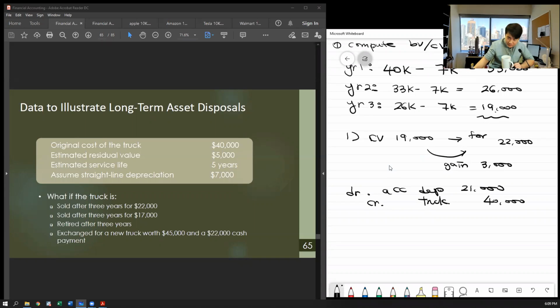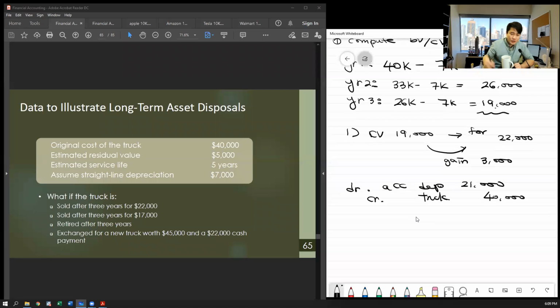So at the end of year 3, as you can see, you have the carrying value, or a book value, of the truck at $19,000. So that's your disposal of your asset. Now you're going to sell it for $22,000. So in a sense, you are going to receive cash of $22,000.